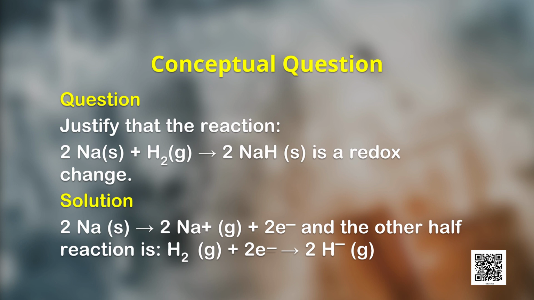This splitting of the reaction under examination into two half reactions automatically reveals that here sodium is oxidized and hydrogen is reduced. Therefore, the complete reaction is a redox change.